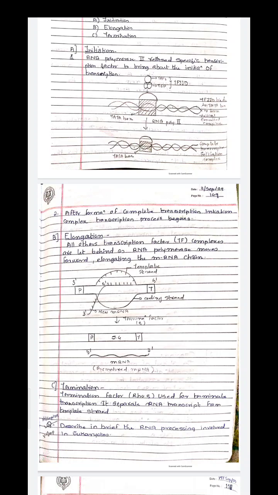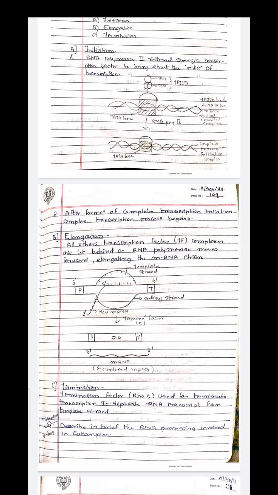So the termination factor, this Rho factor, is used to terminate the transcription and it separates the RNA transcript from the template strand. रियो फैक्टर क्या करता है, जो ट्रांसक्रिप्शन प्रोसेस है ट्रांसक्रिप्शन प्रोसेस स्टॉप करता है और जो प्री मैच्योर्ड मैसेंजर आरएनए उसे जो टेम्पलेट स्टैंड से वो सेपरेट करता है.